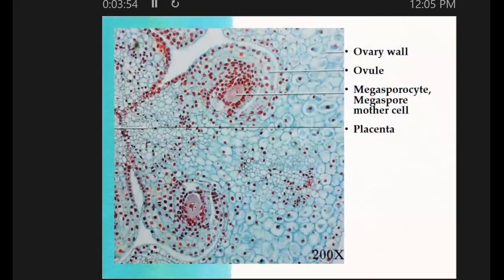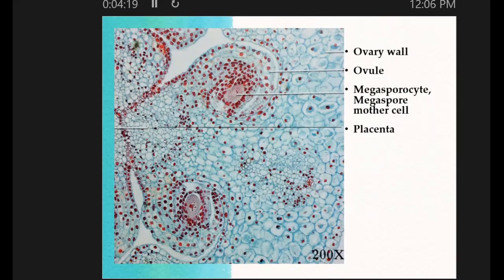So here we still have to think about sporangium tissue. We still have to think about spores inside the sporangium that eventually go through meiosis. Now, with the gymnosperms, we learned that all those spores reduce down to one in the female. There's just one megaspore mother cell.